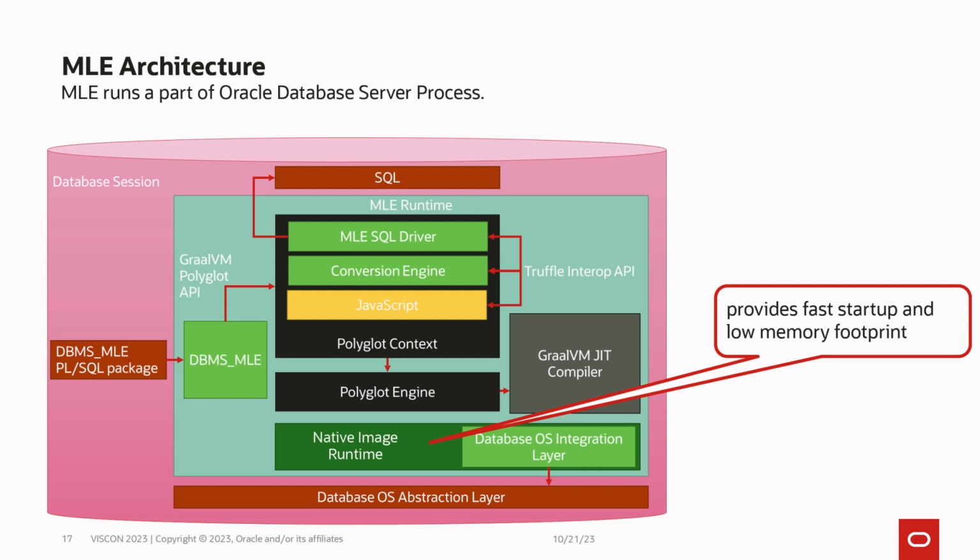You don't want to spend a lot of memory, because Oracle Database supports 20,000 sessions in parallel. If every session is consuming 10 megabytes, what's your overall memory consumption? Every kilobyte counts, every byte counts. So you want low memory footprint and at the same time fast startup. That's why this native image runtime becomes very crucial.